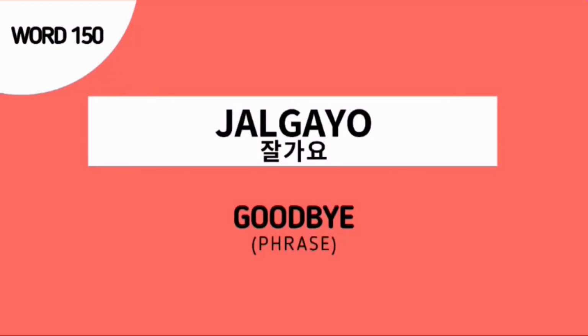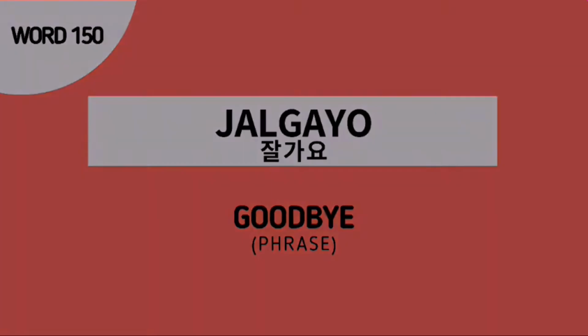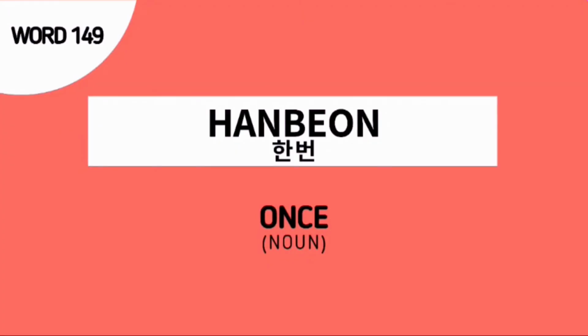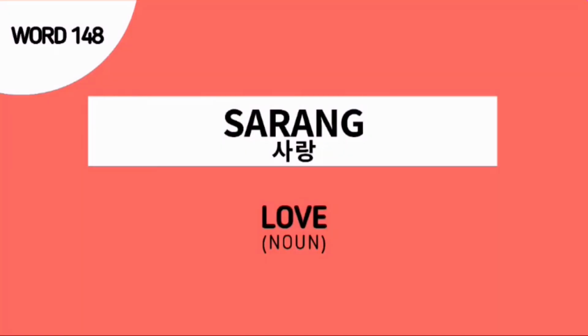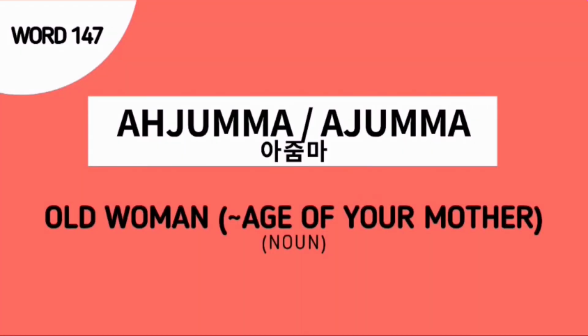Word number 150 is jalgayo, and this is used to say goodbye or go well. Word number 149 is hanbon, and it means once. Word number 148 is sarang, and this is the Korean noun for love. Word number 147 is ajoma, and this is the Korean noun for an old woman.